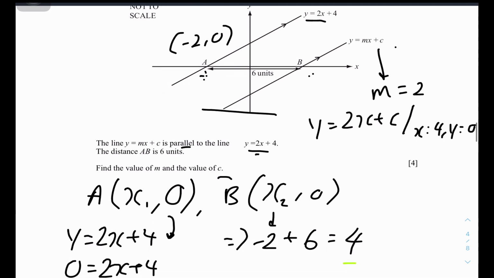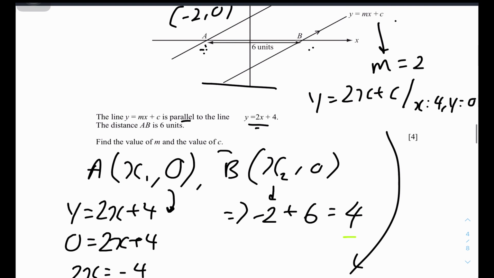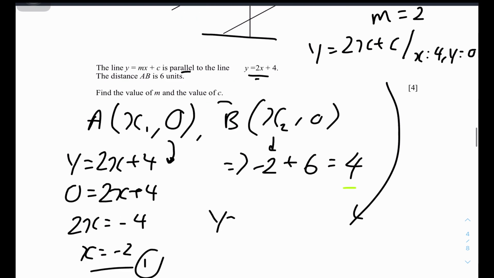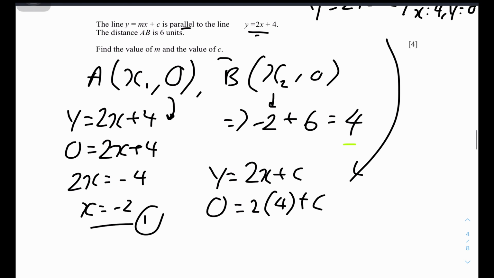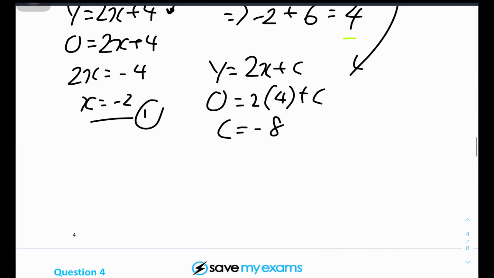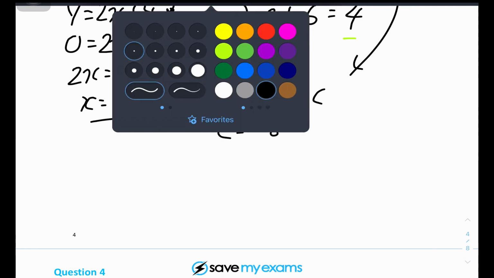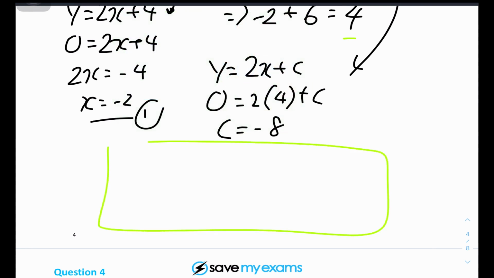Let's just write it down here. Y equals 2x plus c, when y is 0, 2 times 4 plus c, and therefore c equals minus 8, because if we solve for c, it will be minus 8. And therefore, let's write it in a new color right here: the gradient is 2, and the y-intercept is minus 8.